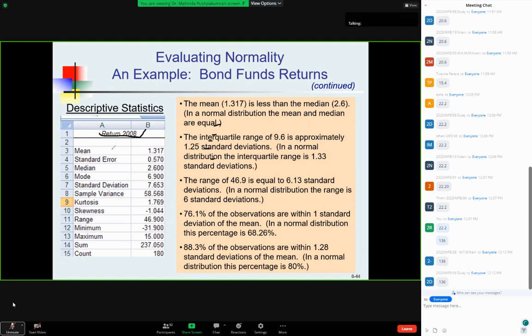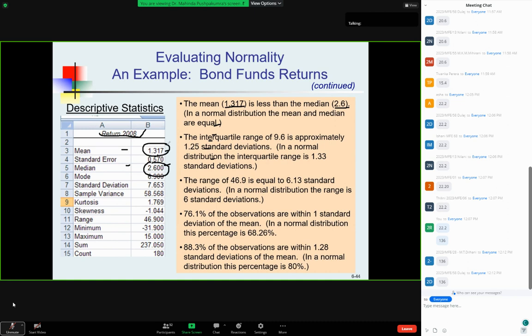Then the one condition you can check is mean and median. Mean is 1.317. Median is 2.6. If it is a normal distribution, mean should be equal to median. Now here mean and median are different.